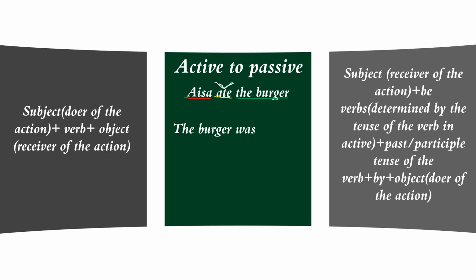Now that we have identified the be verb to be used, we are going to move to the next part of our formula, which is the past participle of the verb. Our verb here is ate, and what is the past participle of the verb ate?